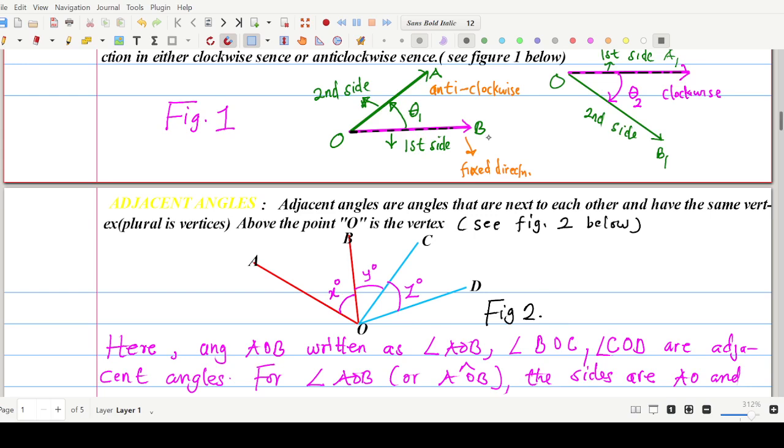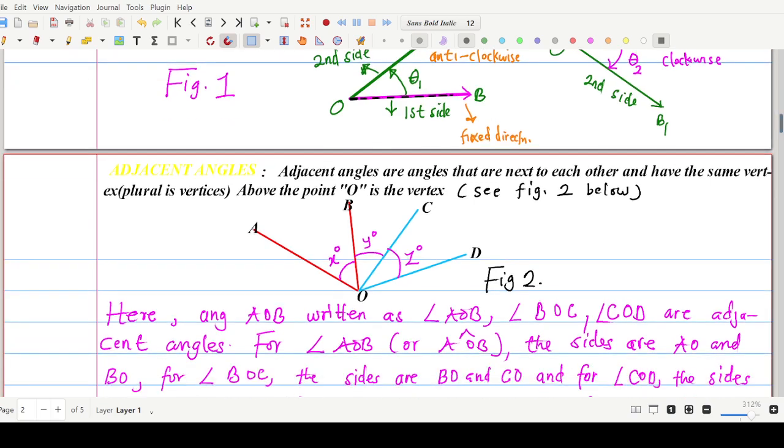In figure 2 here, you see that we have various angles. We have angle X degrees, angle Y degrees, angle Z degrees. You see they are next to each other and they have a common meeting point. Because of that reason, we call them adjacent angles. Now, when naming angles, we name angles by lettering.